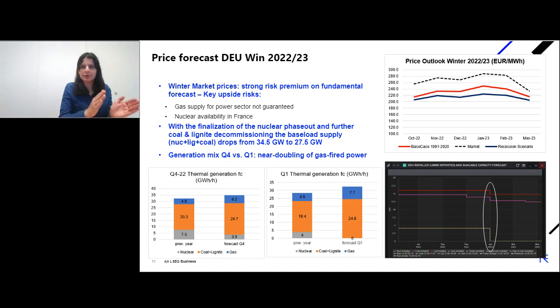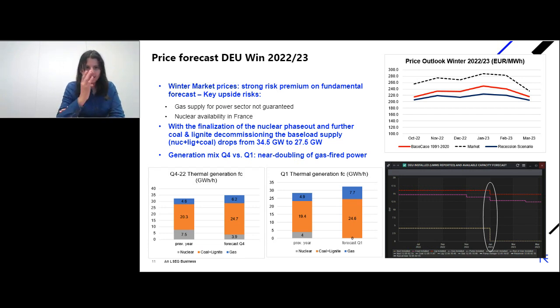So instead of 35 gigawatt of baseload capacity, we move to 28, and this shift will materialize in a higher gas burn. In our outlook, at the moment, we have 6.2 gigawatt hour per hour in Q4, and then after the phase out is finalized in Q1, we have a higher burn of gas-fired power of around 7.7 on average.